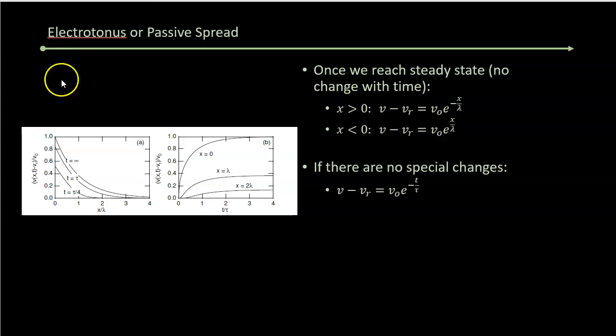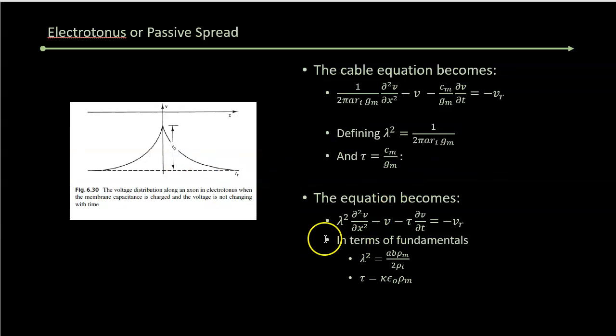Here, once you reach steady state, no change with time, you can see V is just going to decay off in different directions. If there are no spatial changes, we're back to the voltage decaying in time as things discharge. This cable equation is exactly the same equation for the propagation of a signal down a telegraph line.